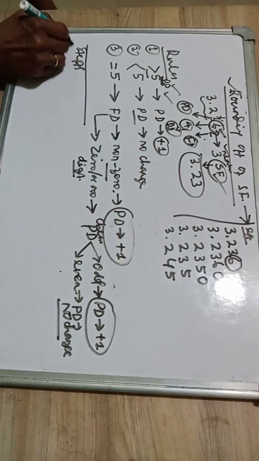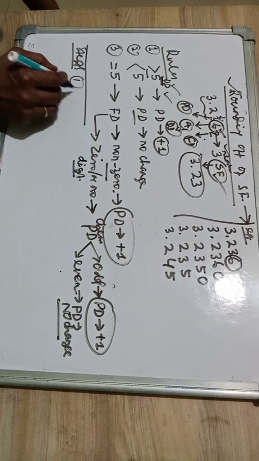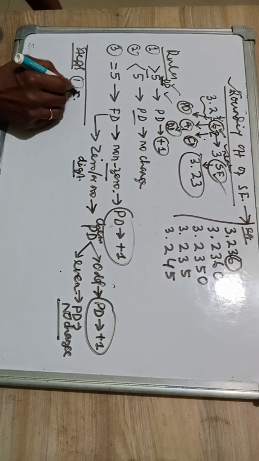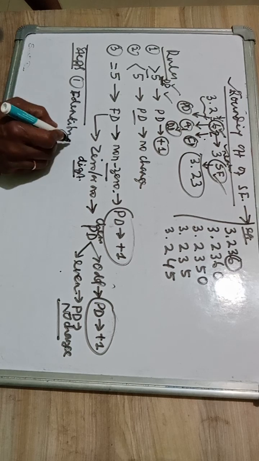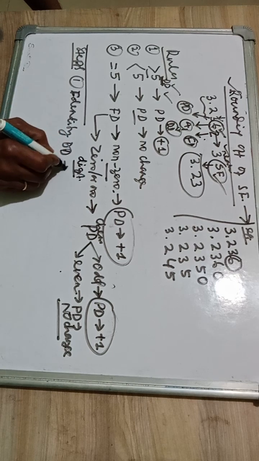What are the steps? First step is to identify the drop digit, DD.